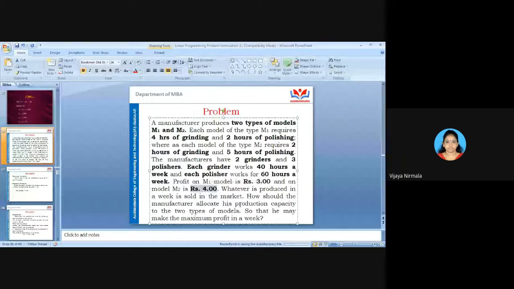Wherever profits are given, that only you have to write in maximize z is equal to, we write max z is equal to the objective. So objective: maximize z is equal to 3x1 plus, the profits whatever they give, you have to mention in the max z equation.